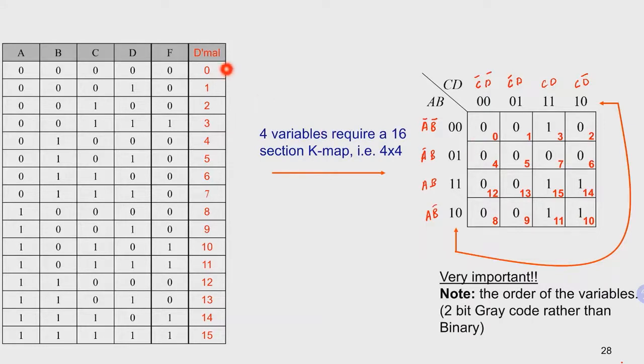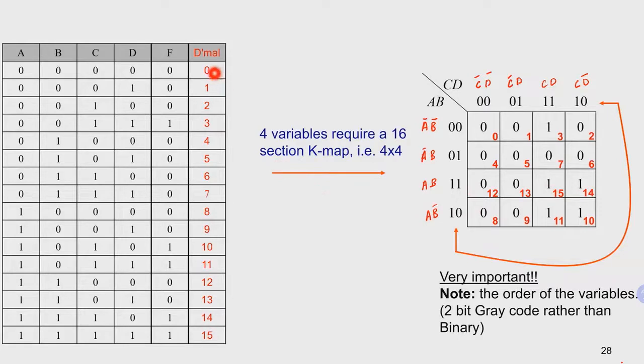So going down from 0 to 15 of my decimal equivalents of our binary number of A, B, C, and D, I can identify the locations of the K-map. So let's go from 0, 1, and then skip 2, come back to 3, then 4, 5, skip 6, come back to 7, and then skip the row, go from 8, 9, skip 10, come back to 11, and then go back to the third row, 12, 13, 14, and then 15.